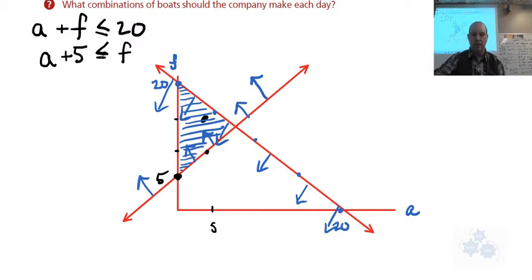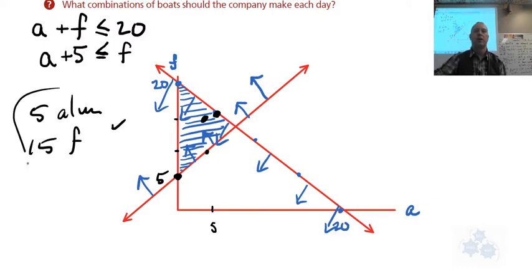So actually that's going to be on this line over here, and that should work for this one too. 5 plus 5 is 10. That's less than 15, so that works. So 5 aluminum, 15 fiberglass. That works. Okay, so there's one, and you would have many.